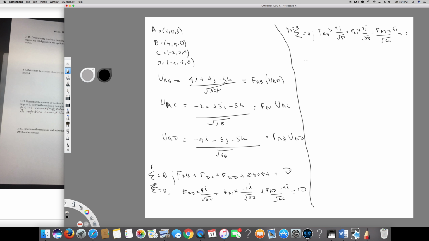Now I am going to take the z component, sigma z is equal to 0. I have to put all the k values here.